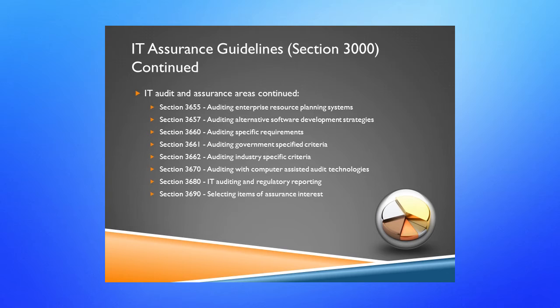I mean, they're all different industries. Guidelines for auditing with computer-assisted audit technologies, the CAATs. Guidelines on IT auditing and regulatory reporting, and guidelines for selecting items that are of assurance interest.